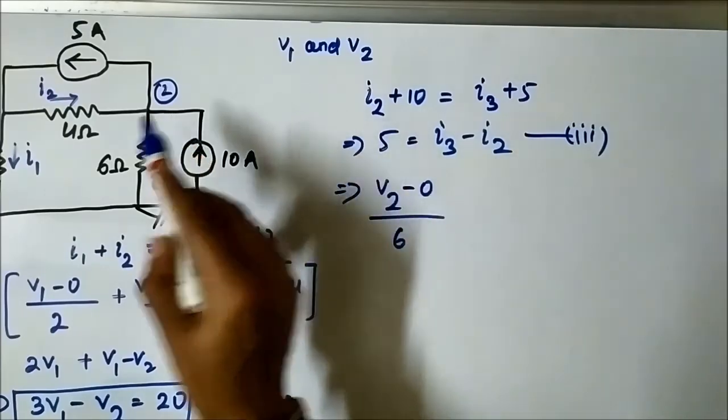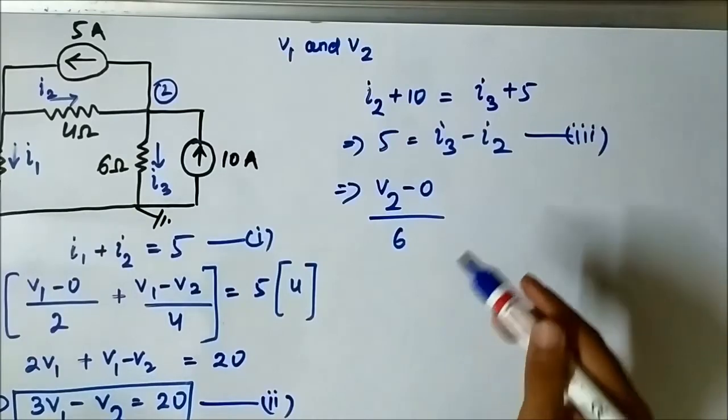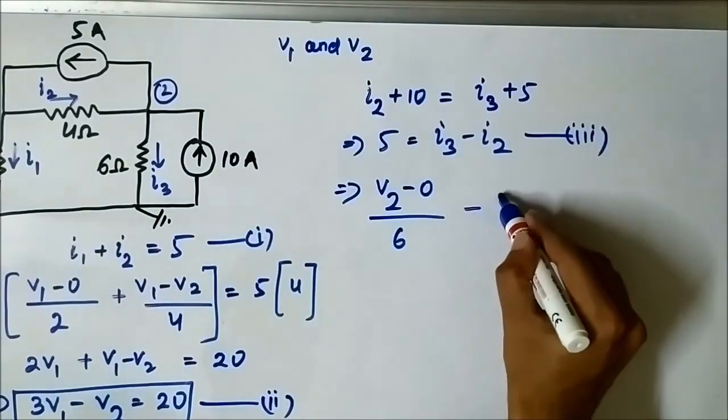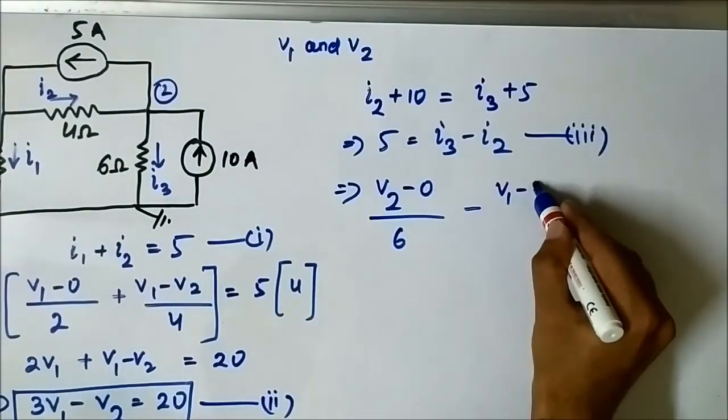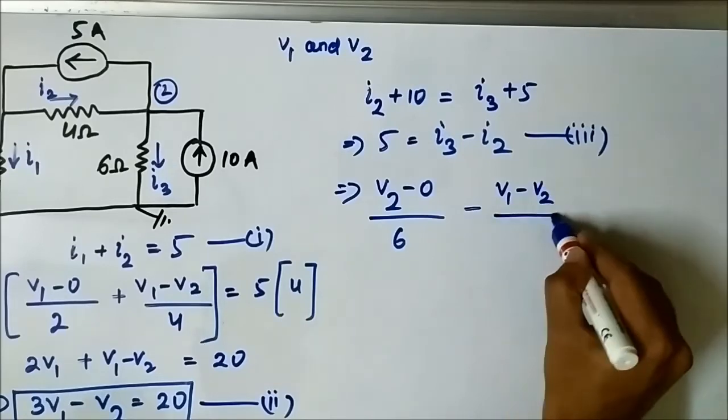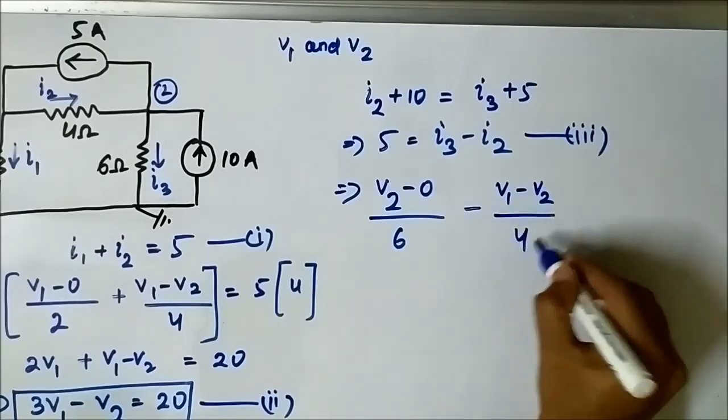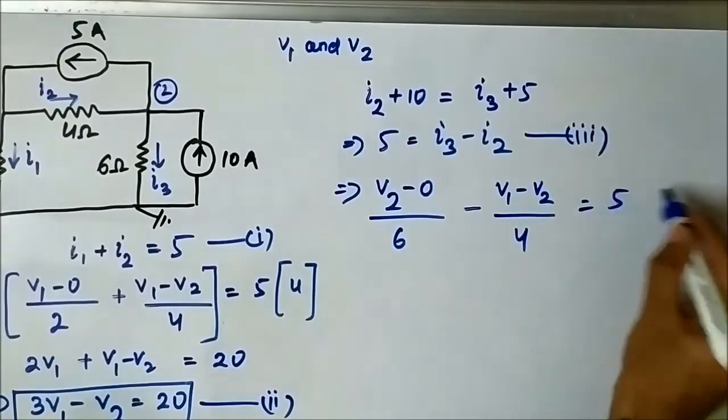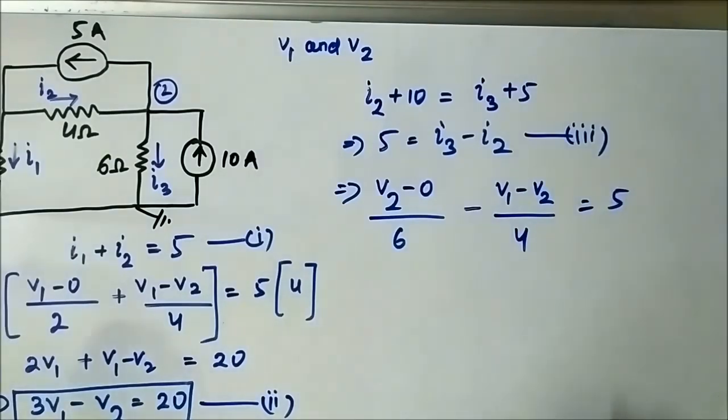I2 is (V1 minus V2) by 4. Okay, (V1 minus V2) by 4 is equal to 5.